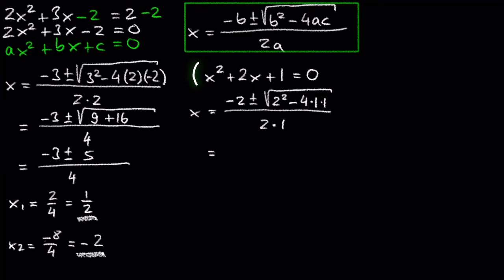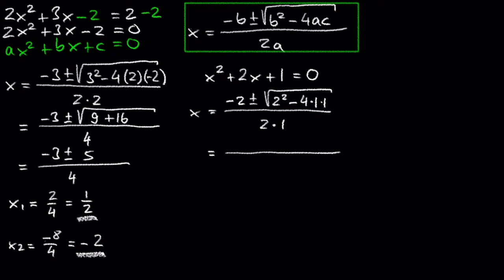When we have no number in front of x squared, we can imagine there's a 1 there, because 1 times x squared is x squared. For any variable that has no coefficient, you can assume the coefficient is 1.